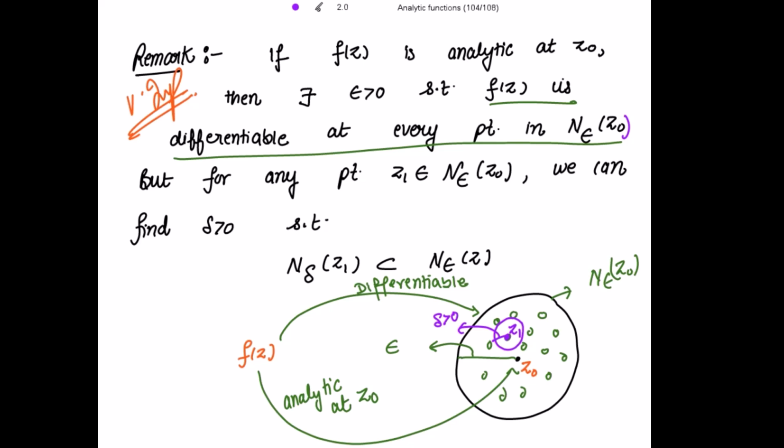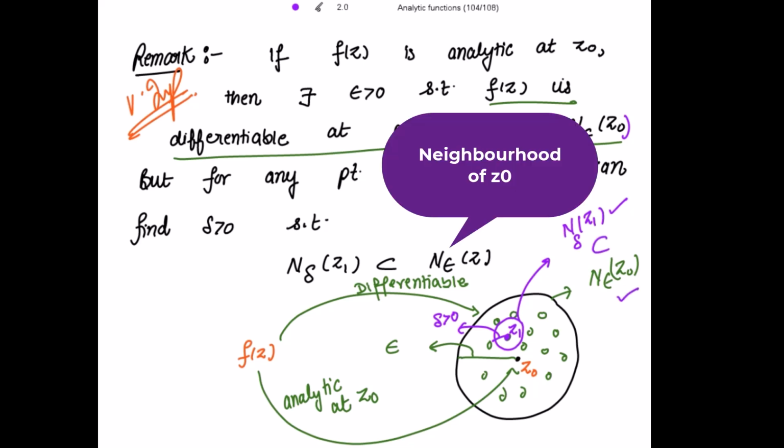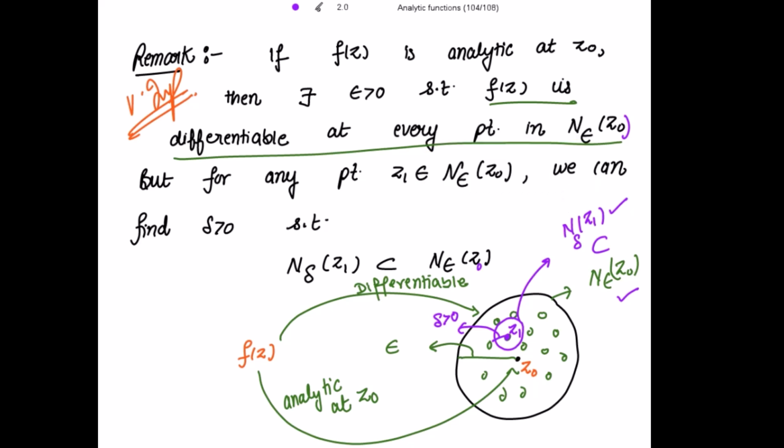We can find delta positive, the radius of z1, such that this neighborhood of z1 with delta radius is a subset of this bigger neighborhood, the neighborhood of z0. Then delta neighborhood of z1 is a subset of epsilon neighborhood of z0.